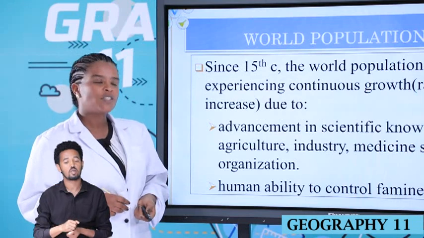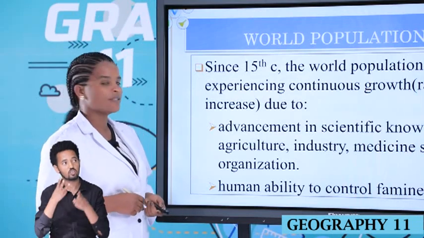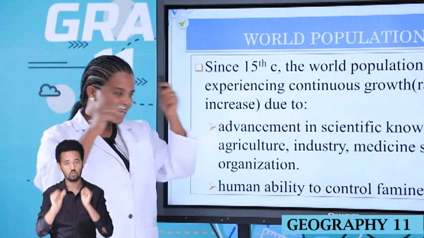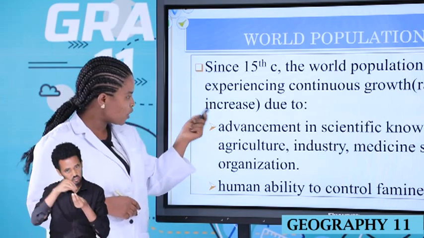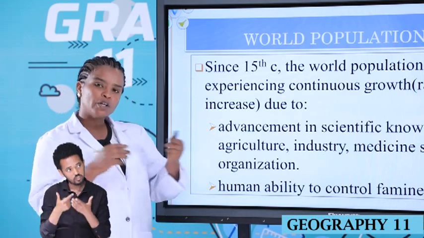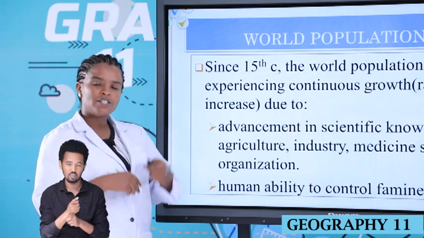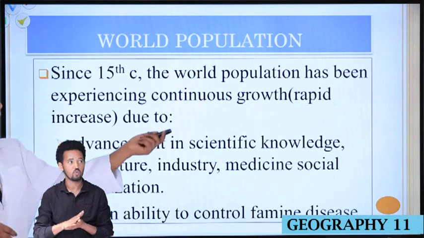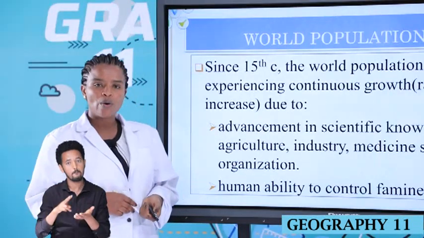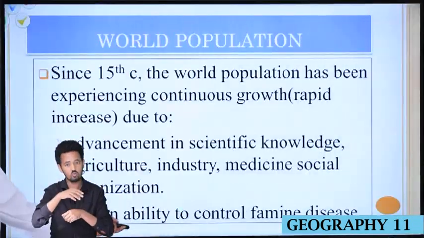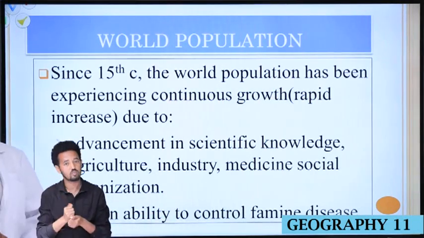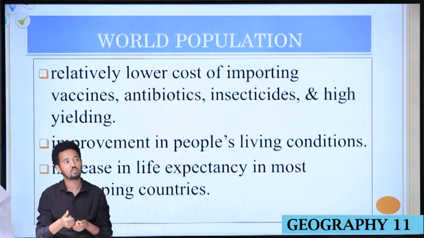Since the 15th century, the world population has been experiencing continuous and rapid growth because of advances in scientific knowledge, technology, industry, medicine, and social organization, which increase the human ability to control diseases like tropical diseases and famine.